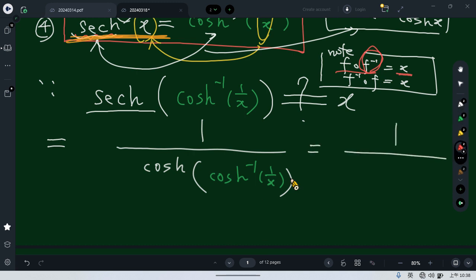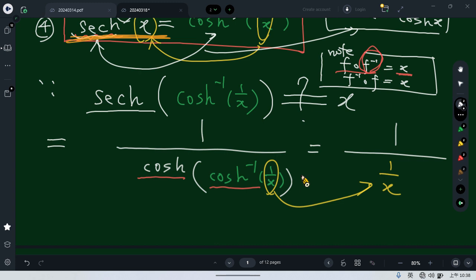You can see this is a hyperbolic cosine function and this is the arc hyperbolic cosine function. When I compose them together, it will become 1 over x, right? This part just cancels because they're inverses. Then the result is 1 over 1 over x, which is x. So luckily we find that when we compose them together, we get the identity function.